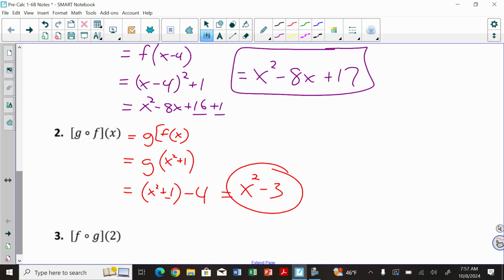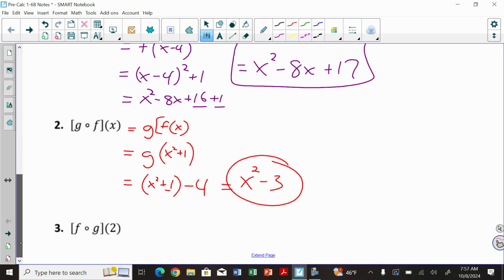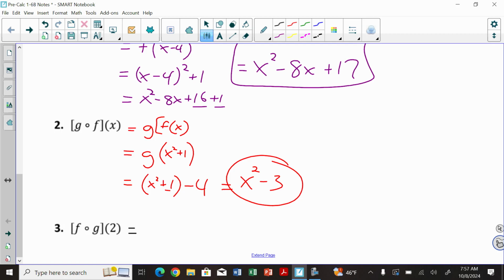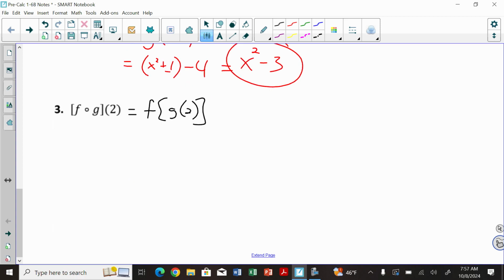Now, f of g of 2. If we're actually evaluating an actual number, so g of 2, this is going to be written like this. Okay, so we would write f of g of 2. We're going to evaluate the g function with 2, and then we're going to plug that into the f function.